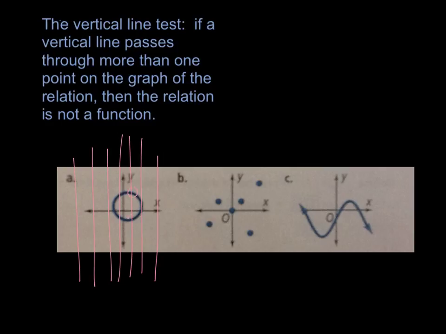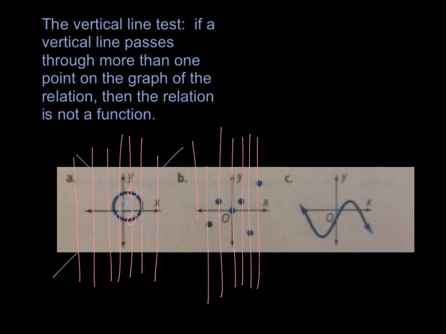So let's just take a look at this one right here. Notice how that vertical line goes through 2 points on that circle. That means that this is not a function. B. If you look here, every time, this vertical line goes through only one dot on that function.